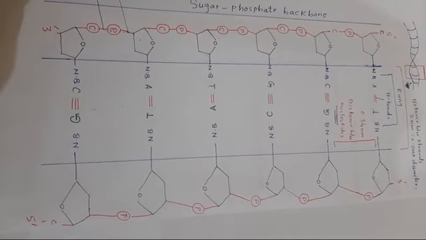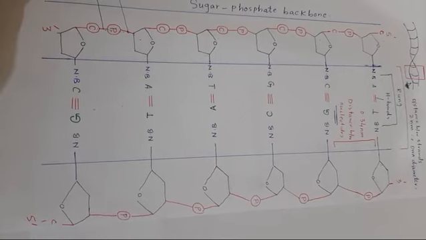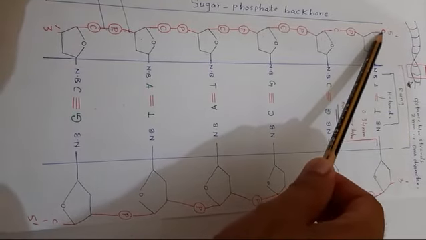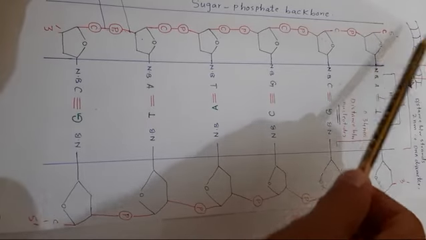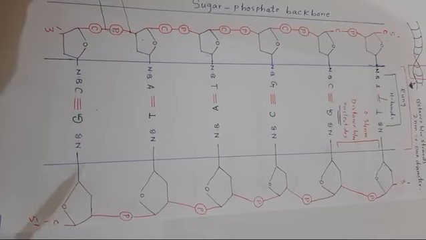The second point is that the 2 strands are anti-parallel to each other, that is, they run in opposite directions. If you look into this diagram, this is the 5th carbon, so this is its 5 prime end, and this one is its 3 prime end.